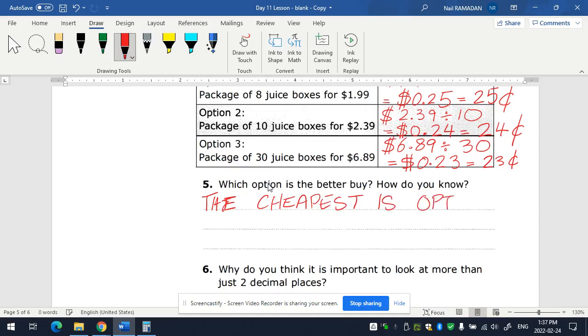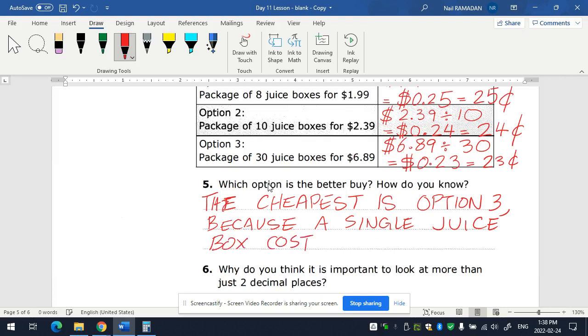Option three, because a single juice box costs the lowest. You could not make that decision unless you have divided the way we did.